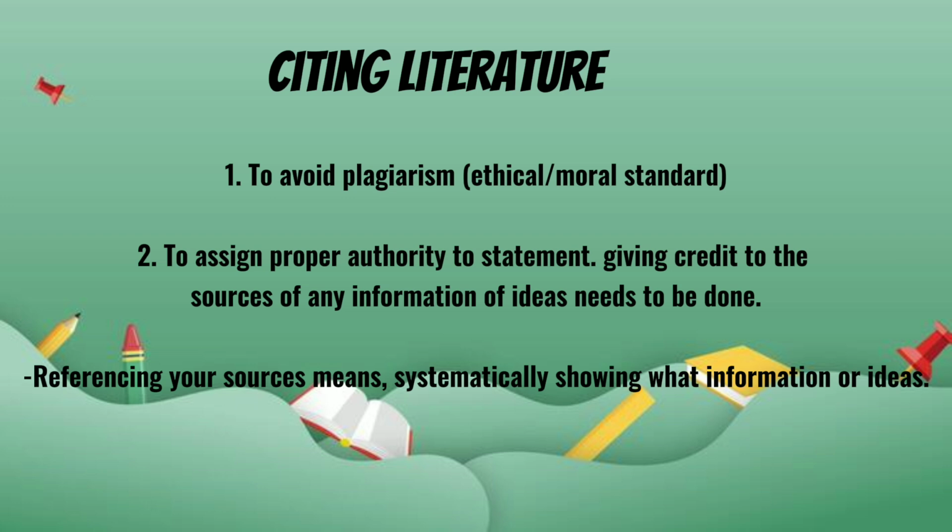So first, to avoid plagiarism, ethical and moral standard. Second, to assign proper authority to a statement. Giving credit to the sources of any information or ideas needs to be done. Referencing your sources means systematically showing what information or ideas.